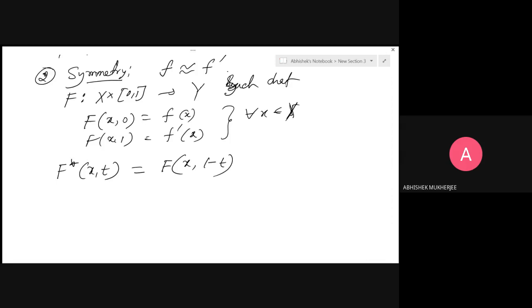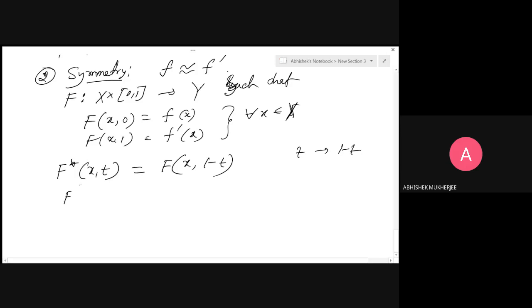With the help of this map, the endpoints, the maps f and f dashed, at time 0 will be f dashed, and at time 1 it is f.